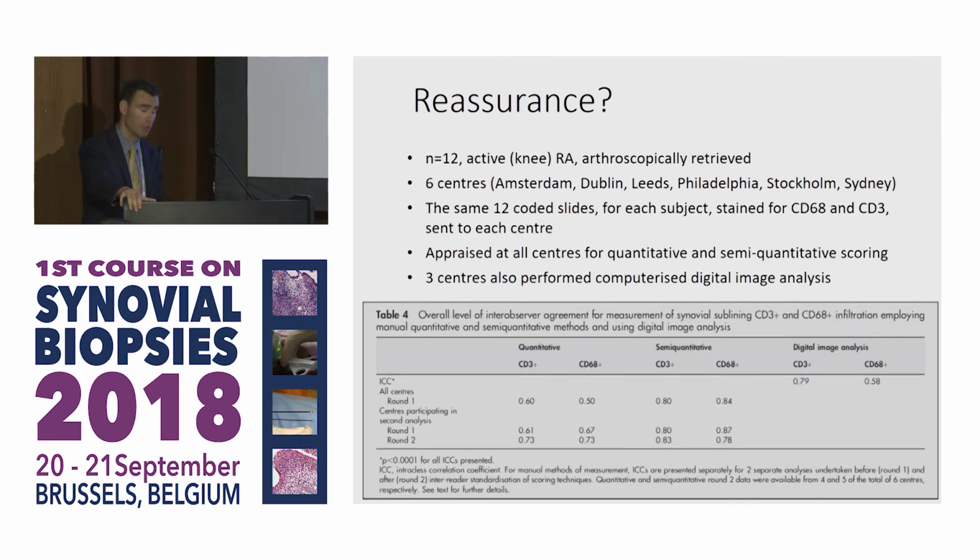And the results are actually reassuring. The overall level of inter-observer agreement was quite high, especially for semi-quantitative analysis, but that's at the cost of some sensitivity. But even for quantitative and for digital image analysis, wherever the centre, they were reporting fairly similar results.